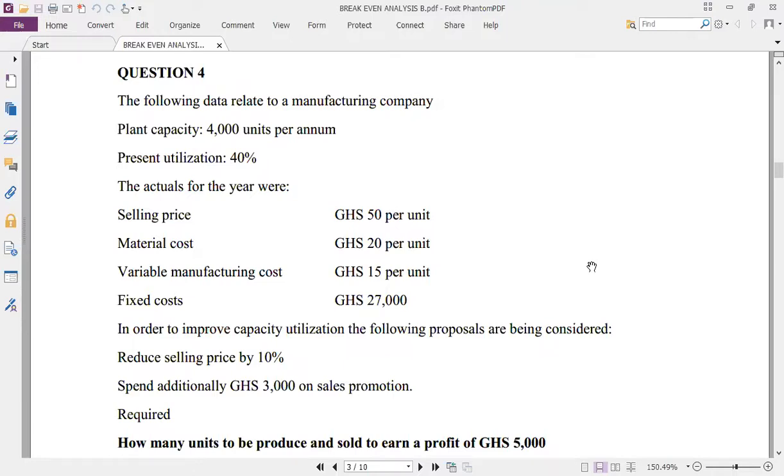Everyone online, the answer is 3,000. The question says, how many units should be produced and sold to earn a profit of 5,000, right? So what are they looking for? They're looking for required units. They didn't bring the issue of tax here, so we shouldn't worry ourselves with the tax.